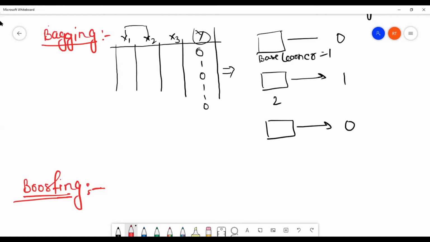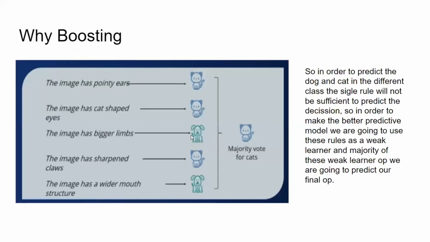Let's suppose, okay, let me share my screen one minute. So you can see, if you are trying to make a model to classify dog and cat, it's a classification problem, right? There are several rules to classify the dog and cat.